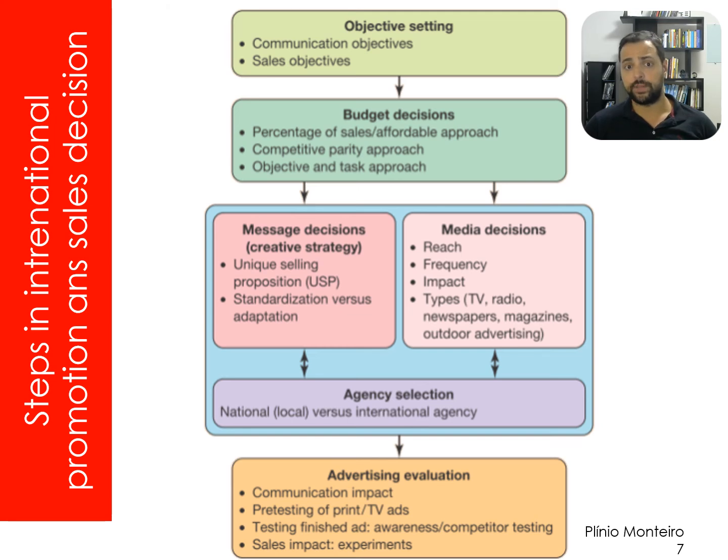The product of the multiplication of these two factors will be what we call the gross rating point, or GRP. That is a general index for measuring the total raw impact of your campaigns.